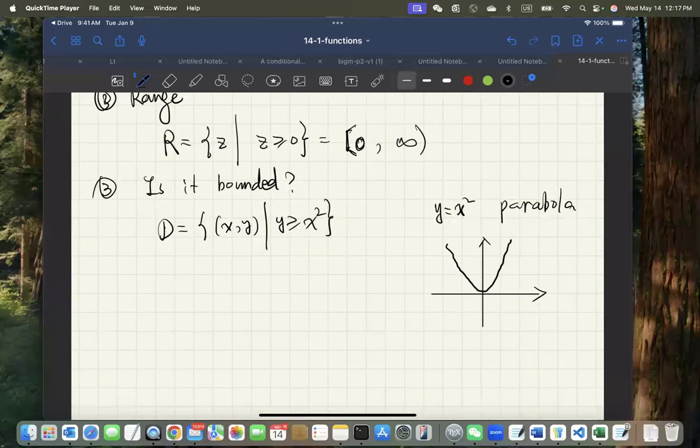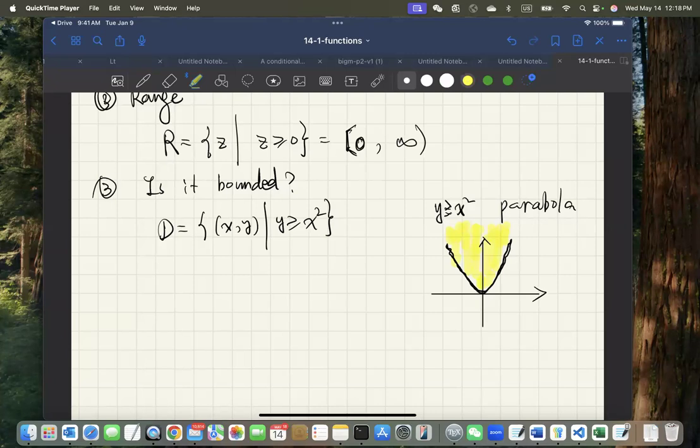This parabola is a curve, but if we have an inequality, then y is above this curve. Equality means the curve, so any point above this parabola belongs to the set, or the domain.